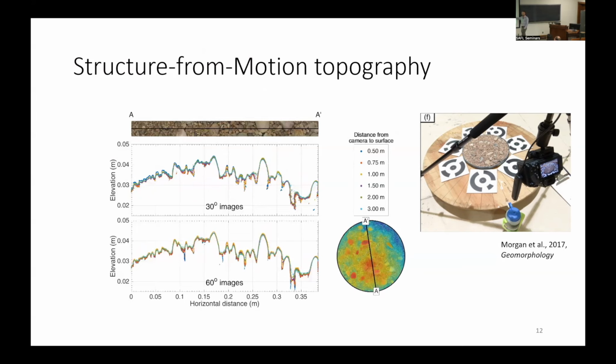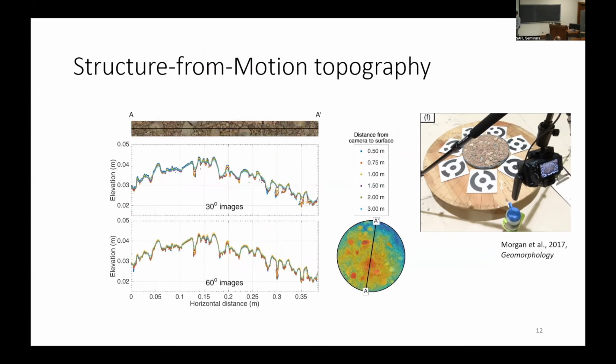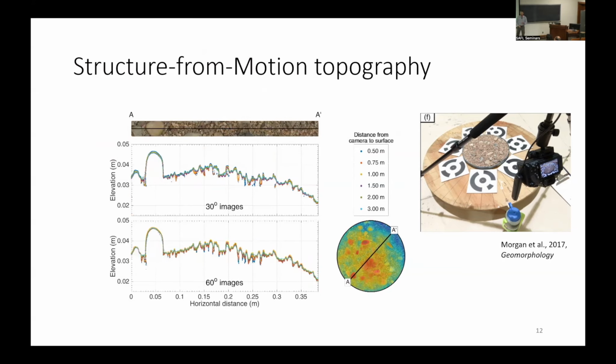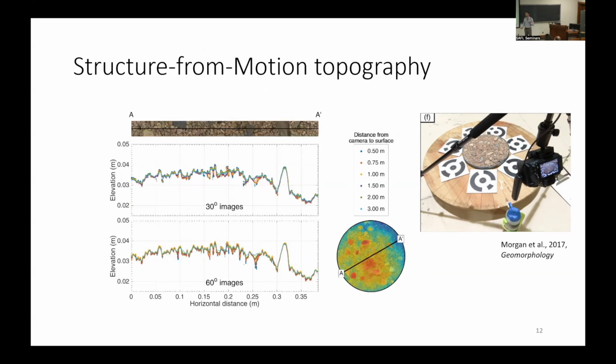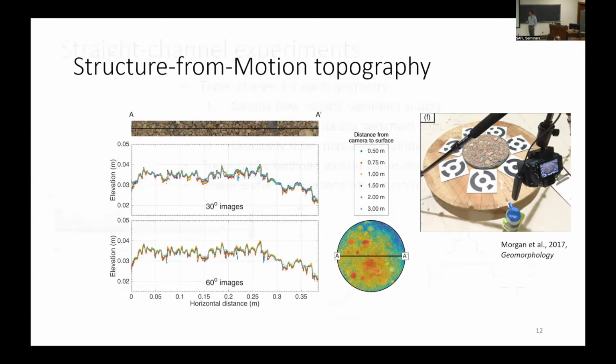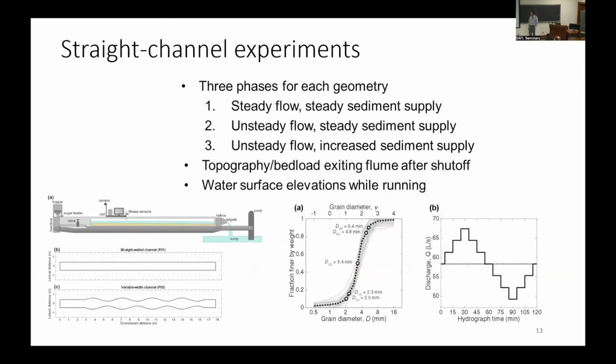We can get individual grains if we set things up correctly to use structure from motion to get both topography and potentially grain size. So we've been using this in our experiments to measure the topography. And the first 2 experiments followed the phases that I describe here.